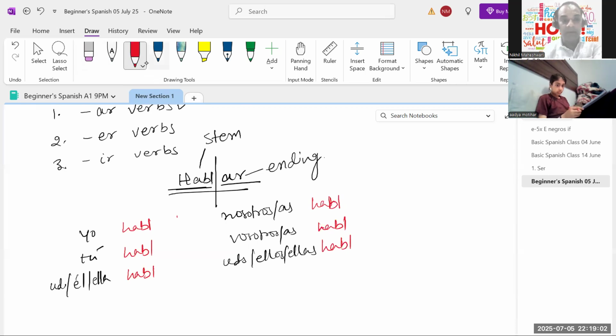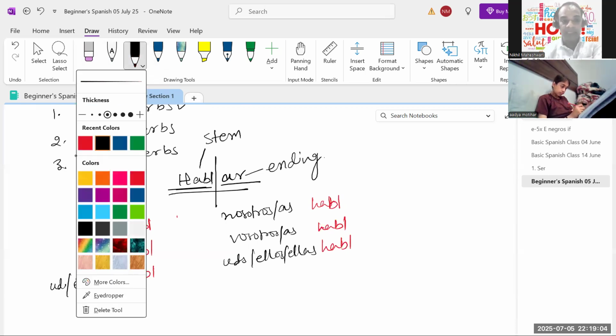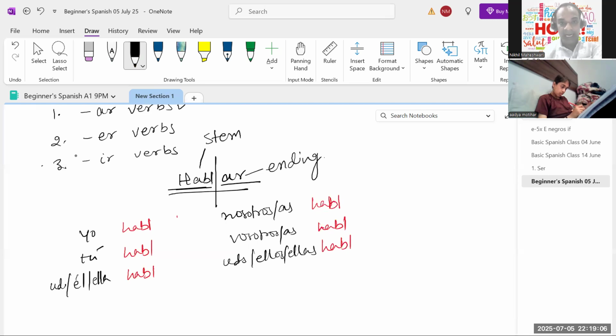Now I will give them the endings. For yo, I add o. So it becomes hablo. For tú, I add as. It becomes hablas. For usted, él, ella, I add a. Habla. For nosotros, nosotras, I add amos.